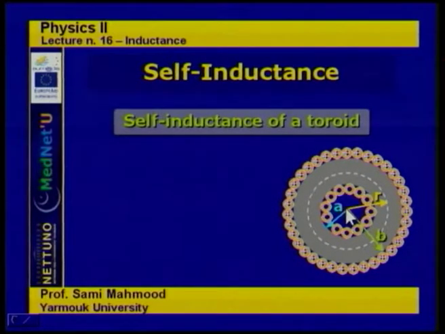We assume that the inner radius of the toroid is small a, and the outer radius of the toroid is B, and we take an Amperian path with radius small r inside the windings, between the turns, that is in this region, and this is the Amperian path, and we can apply Ampere's law to evaluate the magnetic field.